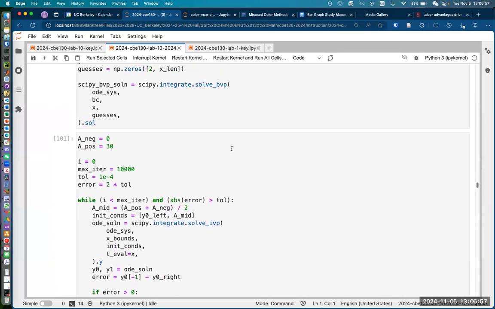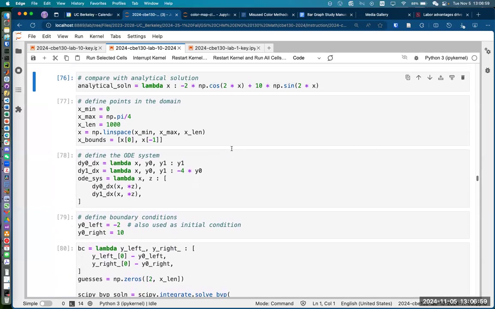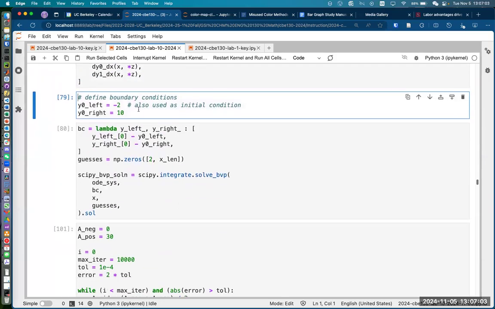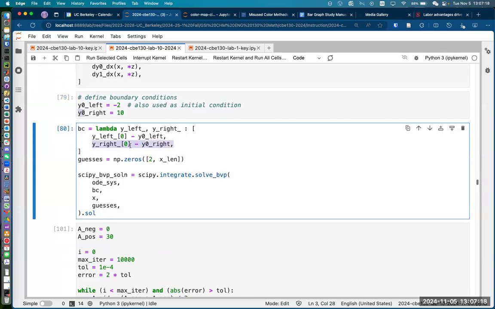So common things to check. In this case, the boundary condition is different. The boundary condition is the original function on the right, that's 0. It's not the first derivative. So when you define the boundary condition, you need to index at 0, meaning the original function minus the original function on the right.